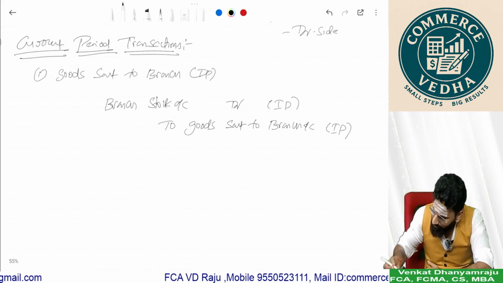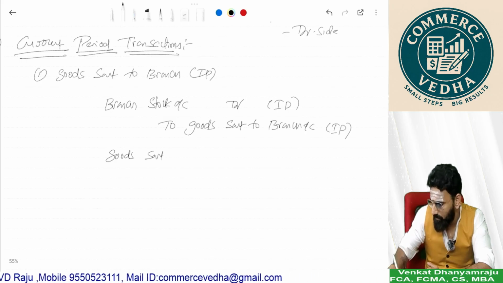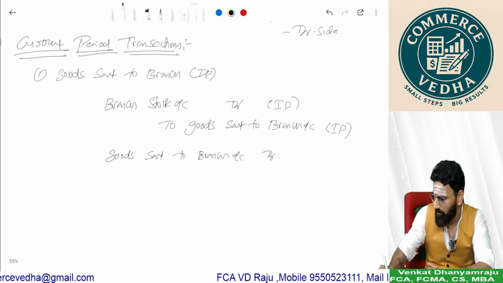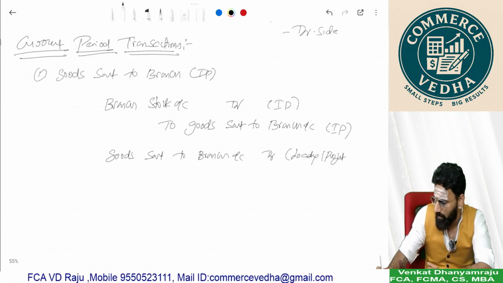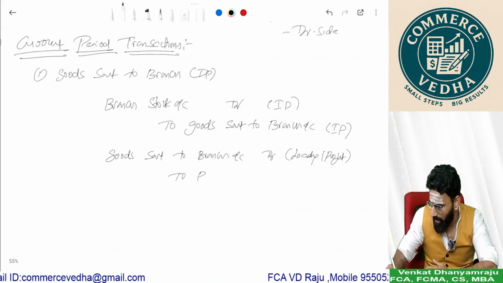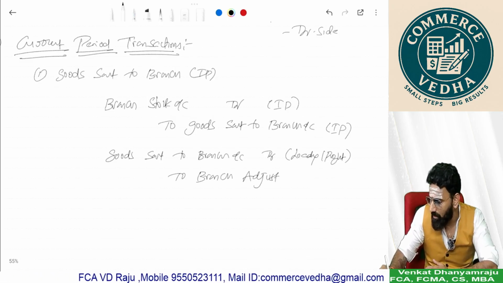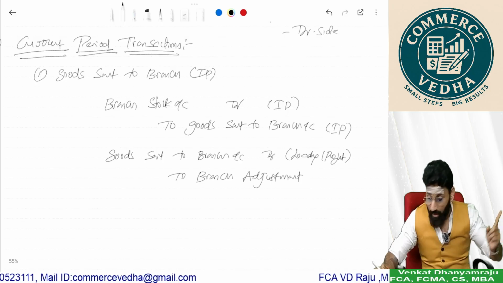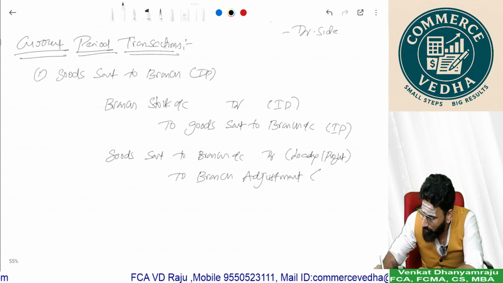So simply reverse the entry: goods sent to branch, this is the loading, or we can say the profit included in the goods sent to branch, to branch adjustment account. So the profit shall not go to the stock account again. It shall go to adjustment.